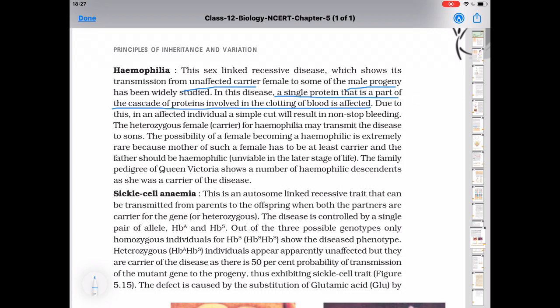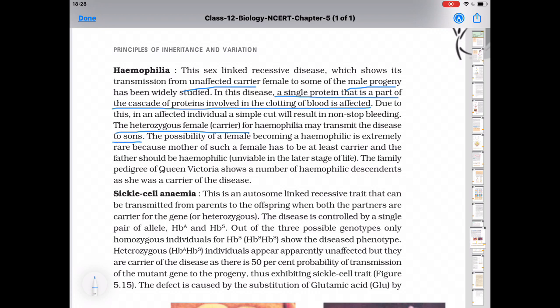Means one protein required for the clotting of blood is not present here, so blood clotting does not occur, and in this individual continuous non-stop bleeding occurs. The heterozygous female for hemophilia transmits this disease to the sons.